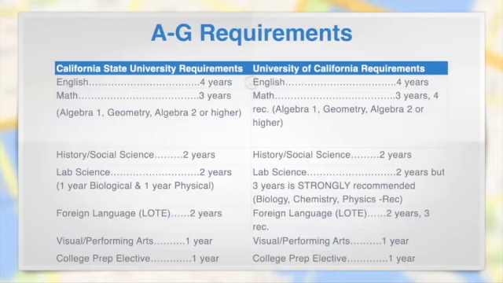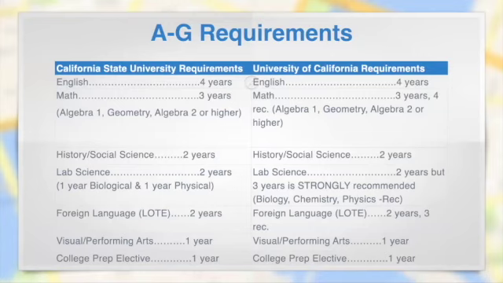Now, if your plan is to go to community college first and transfer, that's a different conversation. This part is for direct admissions to a UC or a Cal State to be eligible to apply. Now, for both of these, if you are eligible with the A through G requirements, chances are you are meeting the requirements for most other schools, but you always want to double check, okay?